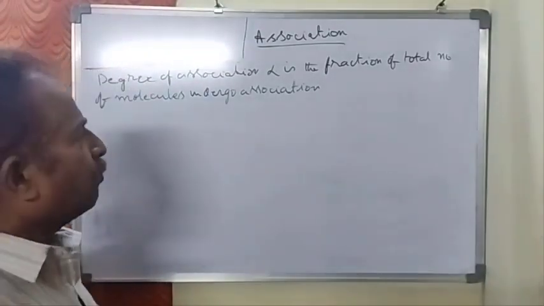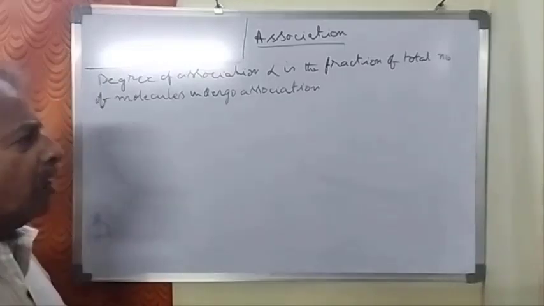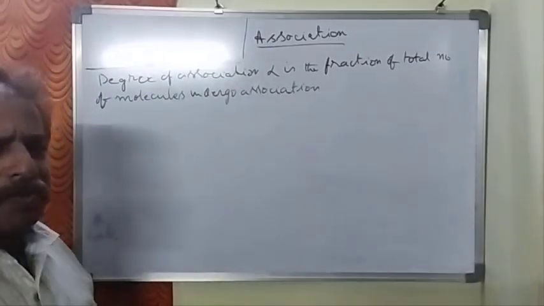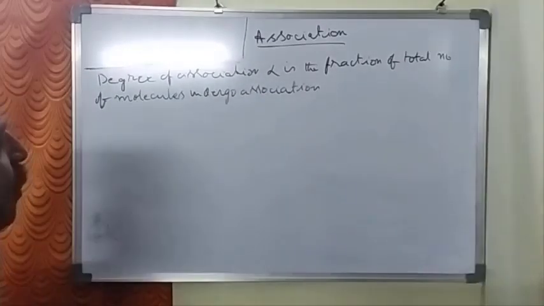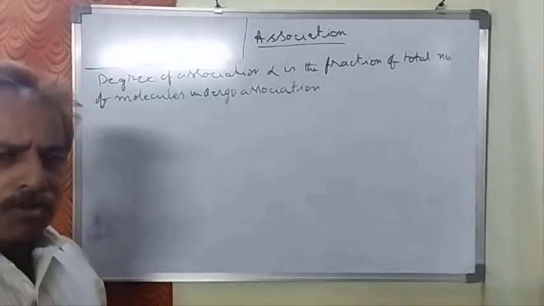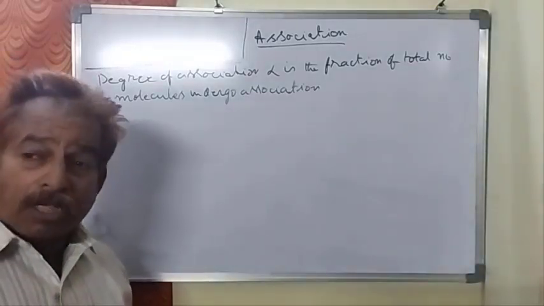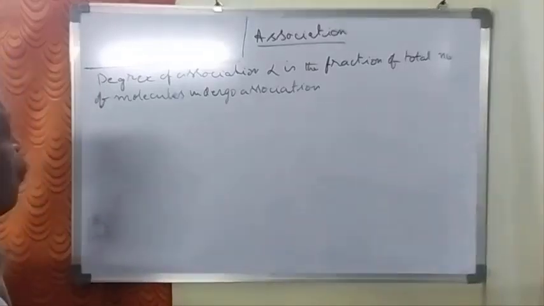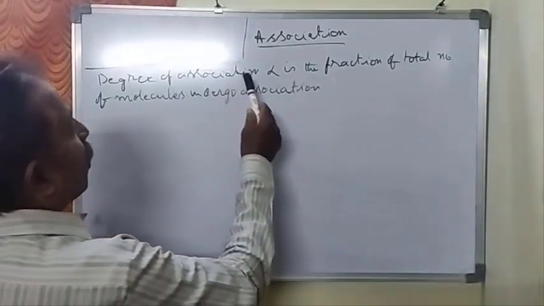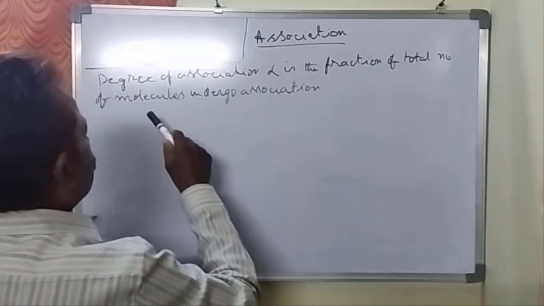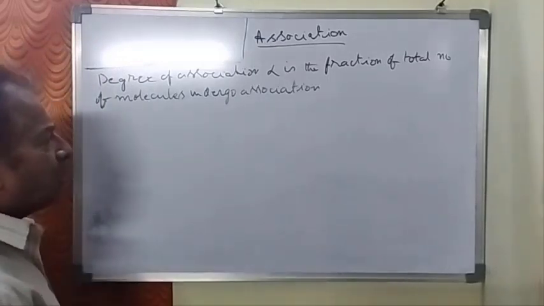Now let us find the degree of association. Association means solute particles associate, that we discussed already in the previous module. For ethanoic acid, that is acetic acid, two molecules of acetic acid associate to form a dimer. So the degree of association, alpha, is the fraction of the total number of molecules that undergo association.